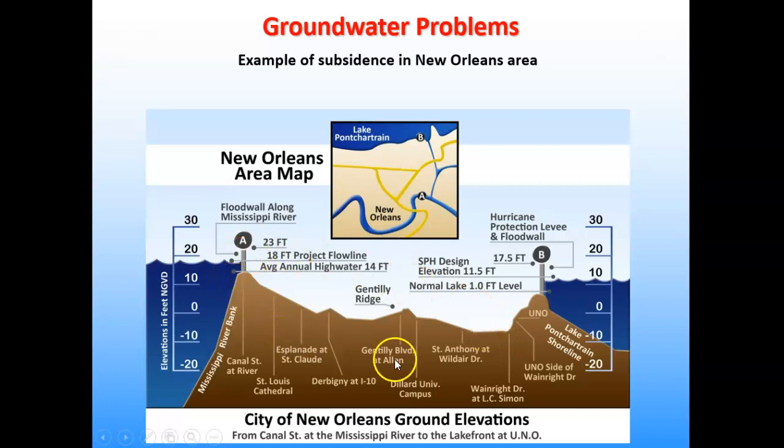This is all sediment from the river, part of the delta, and it is sinking. But because there's a lot of wells in here, because the town needs drinking water, it's pulling water out, and it's causing this to sink even faster. So definitely a problem in New Orleans, and it's mostly because it's a delta.